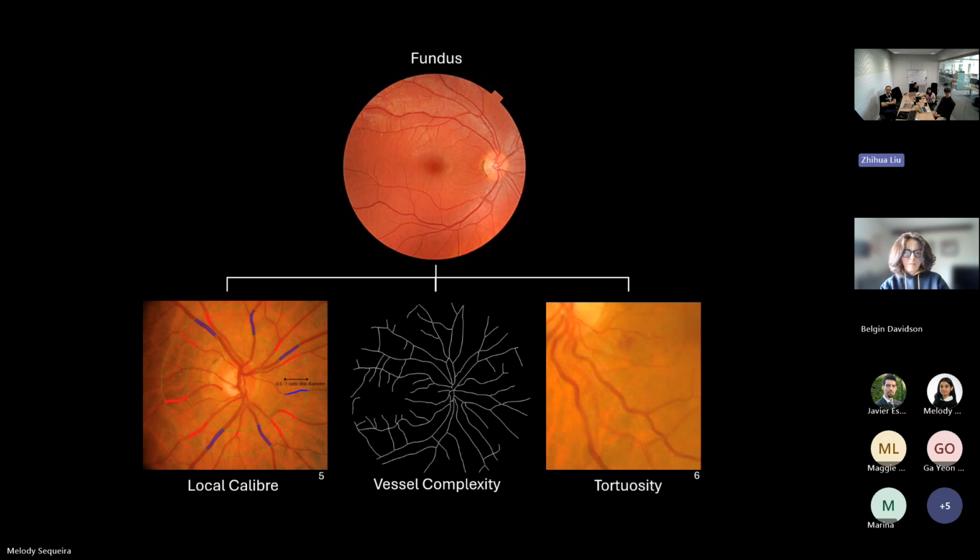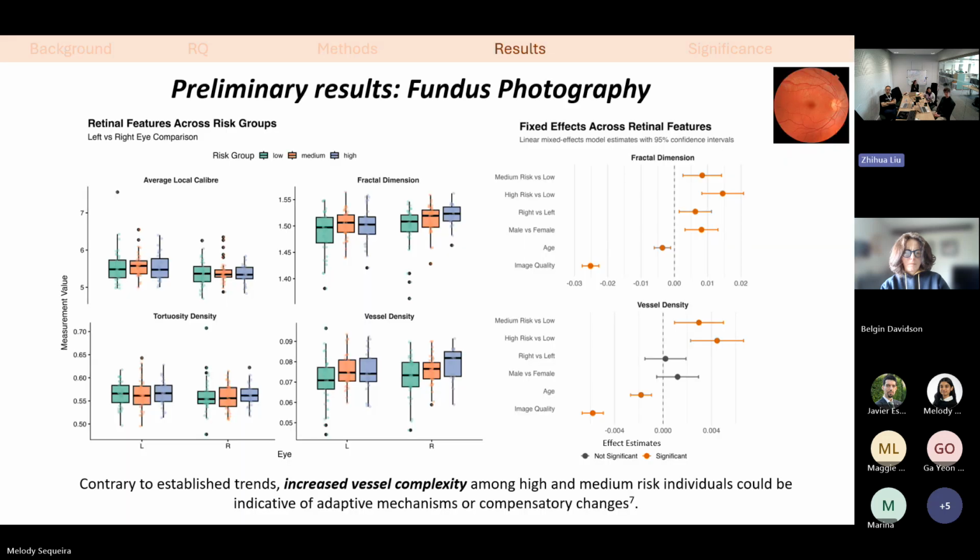The second one is vessel complexity, measured by vessel density and fractal dimension, which looks at how arteries and veins branch through the retina, and also how much they cover the retina itself. And then tortuosity, where you can see the curvature in the vessels, and that is what we measured through tortuosity. So analyzing the fundus images, this is what we find.